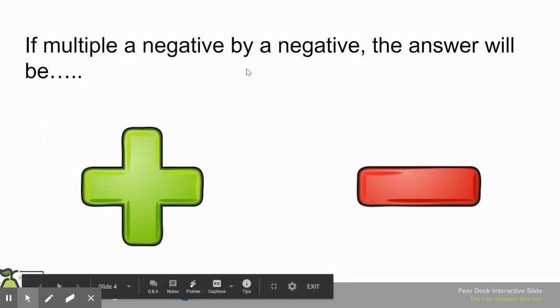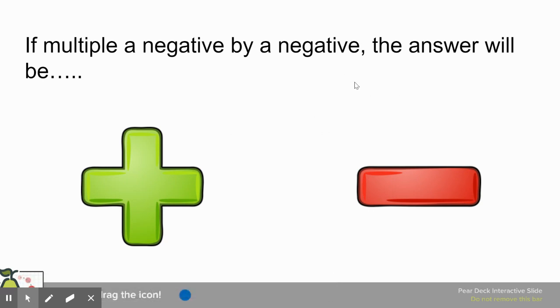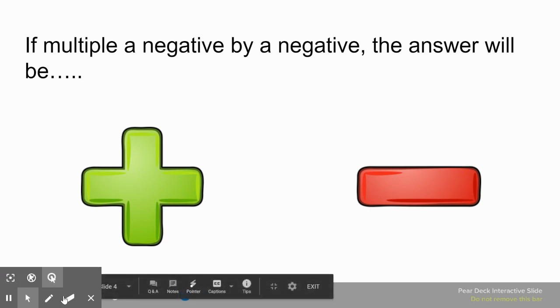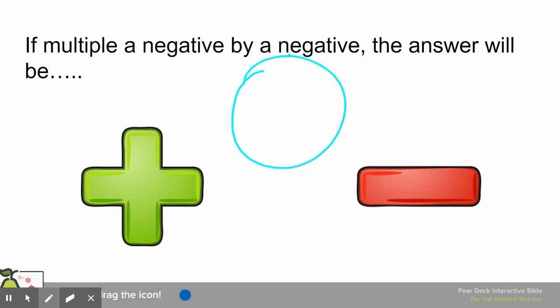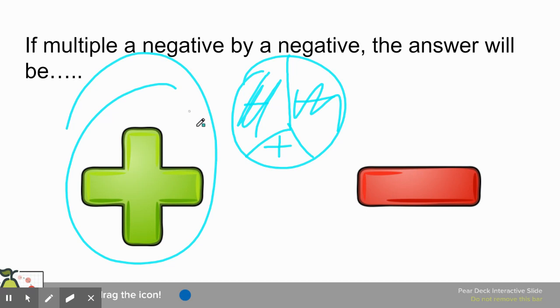So if I were to ask you, if I multiply a negative by a negative, the answer will be, you can pause this. All right, so hopefully for this problem, you set up your goblin and ask yourself, a negative by a negative should give me a positive answer.